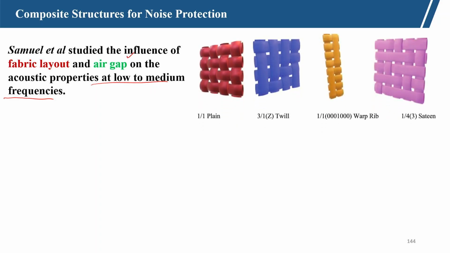Now, these are the different layers of the woven fabrics: 1 by 1 plain weave, 3-1 twill, then warp rib, then satin. Different types of woven structures were used.